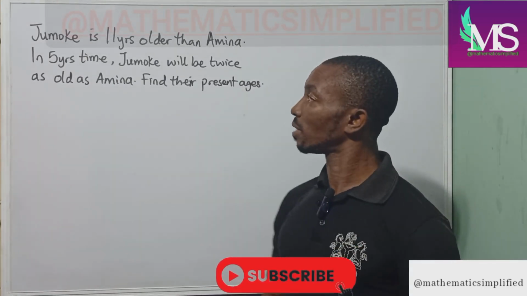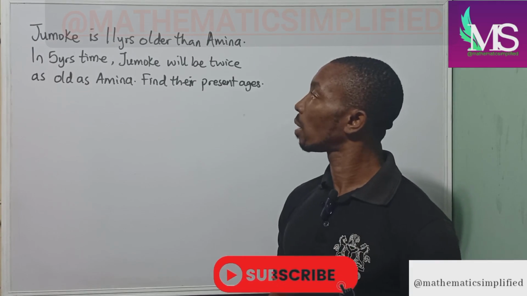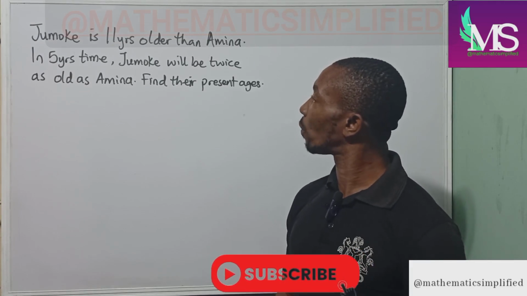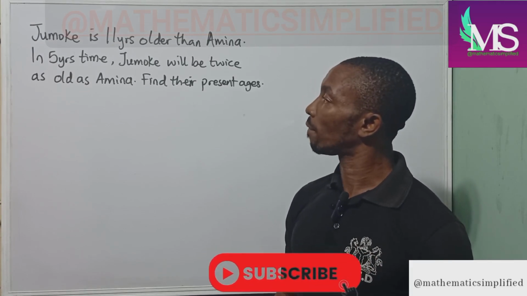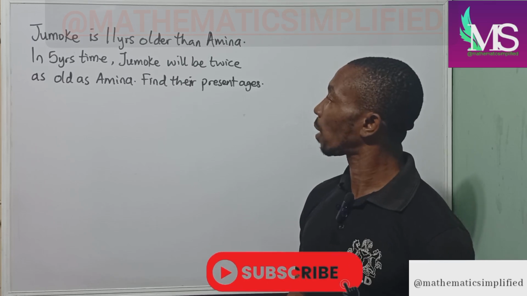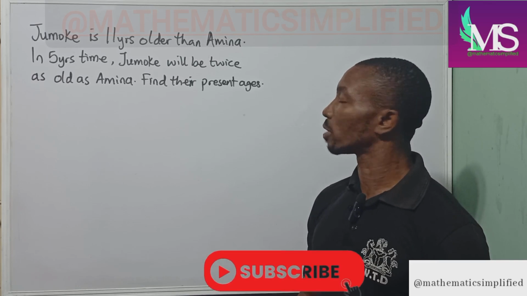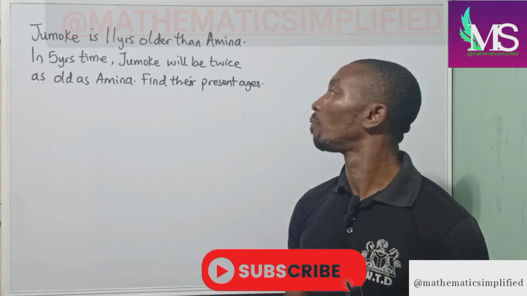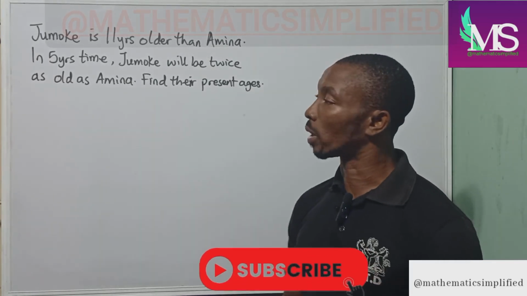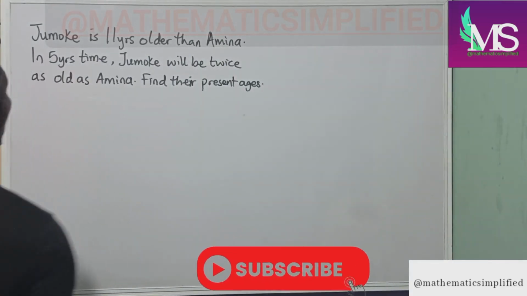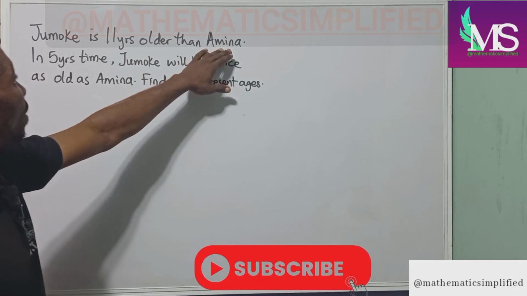Our next question says, Jumoke is 11 years older than Amina. In 5 years' time, Jumoke will be twice as old as Amina. Find their present ages. Now, from this statement, we can deduce that Jumoke is older than Amina.